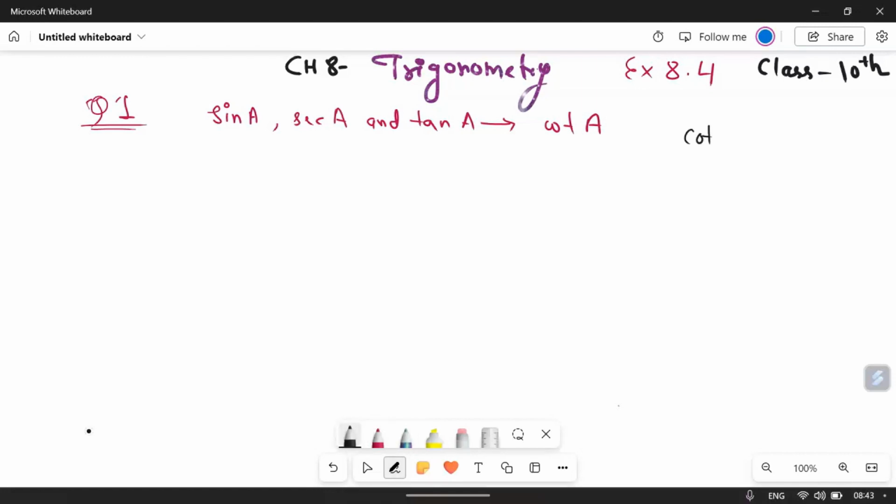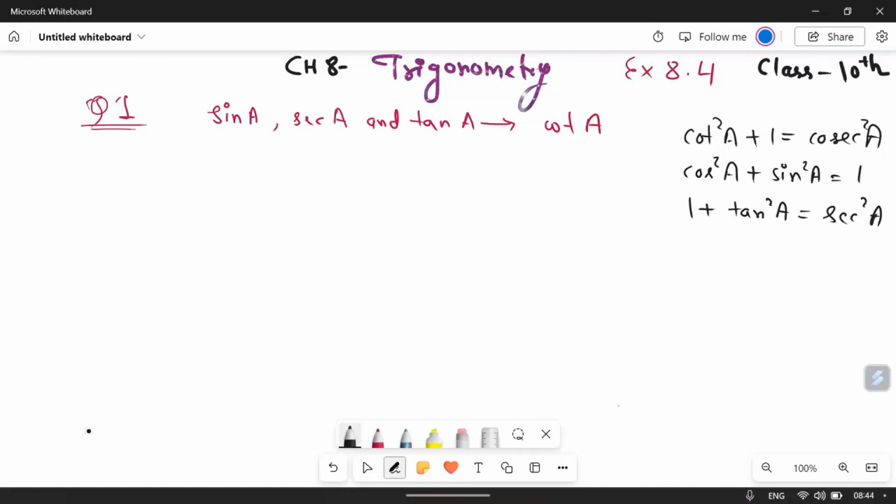Cot square A plus 1 must be equal to cosec square A. The second identity is cos square A plus sin square A must be equal to 1, and the last one is 1 plus tan square A should be equal to sec square A. Now we are ready to do this question.